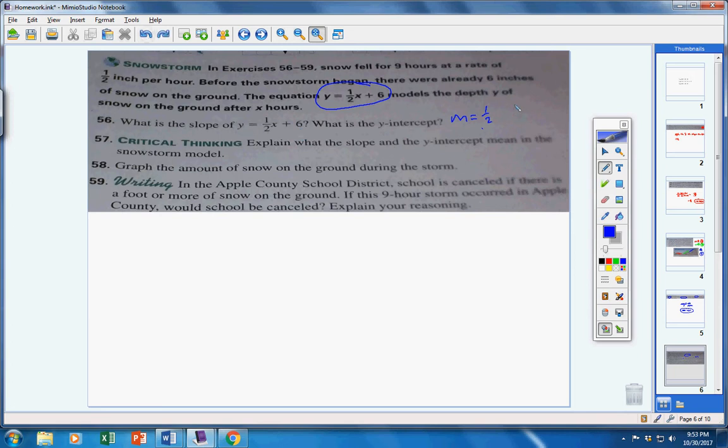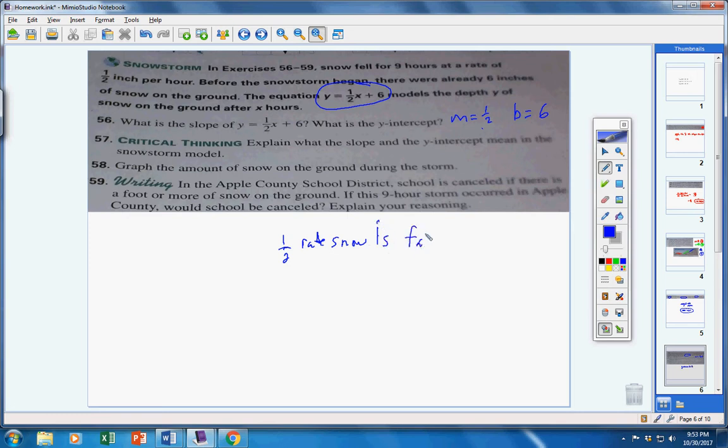So your y-intercept b is 6, okay? Now, explain what the slope and the y-intercept mean. Okay, fine, no problem. First of all, let's talk about the slope. Now, slope 1/2 is your rate that the snow is falling.